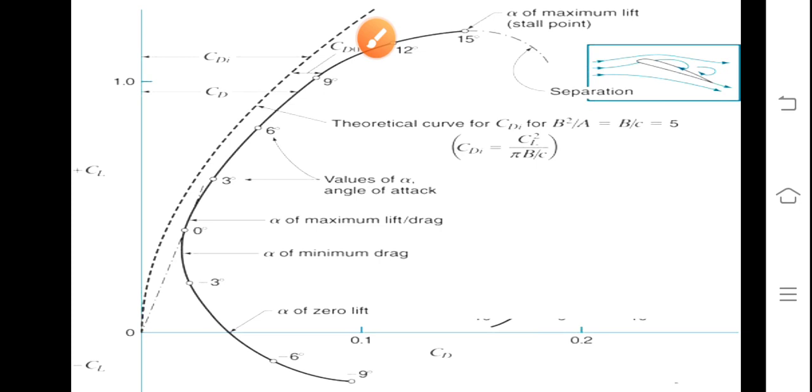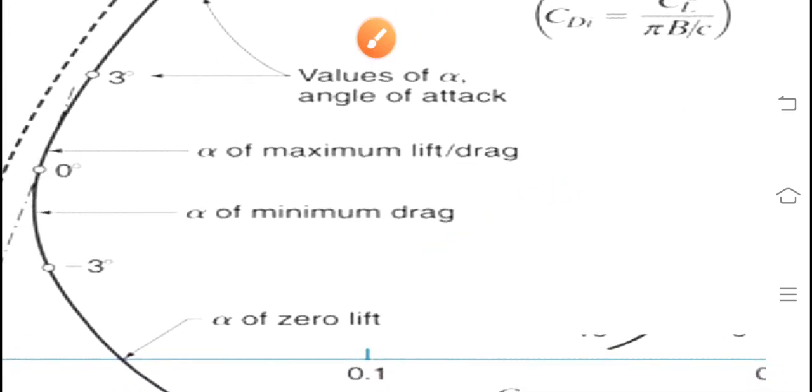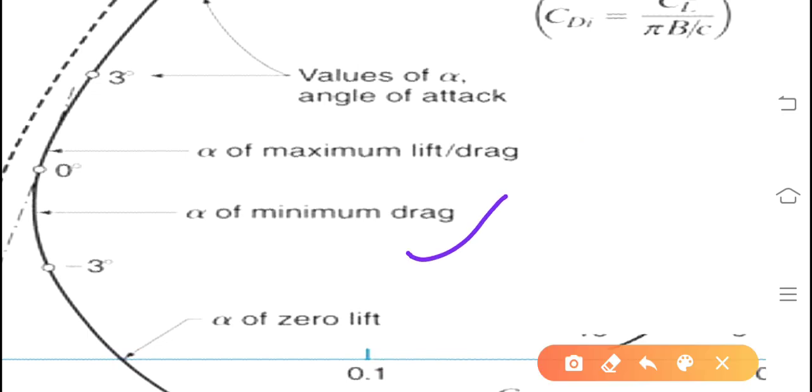Apart from this, the polar diagram is helpful to know the minimum drag, zero lift, and the alpha corresponding to maximum lift or drag, because these are all plotted as values of angle of attack.